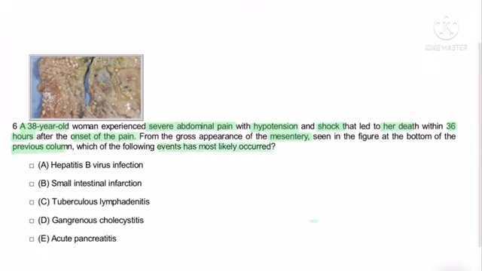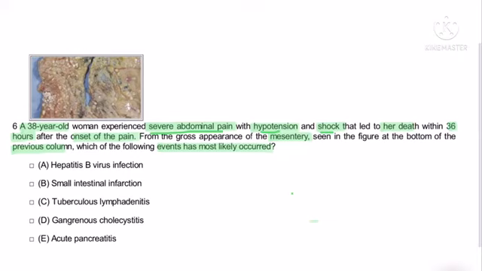So you can see here there is severe abdominal pain, hypotension and shock. These can usually be seen in pancreatitis, or wherever there are such clinical manifestations that are life-threatening and so acute that they can even lead to death.